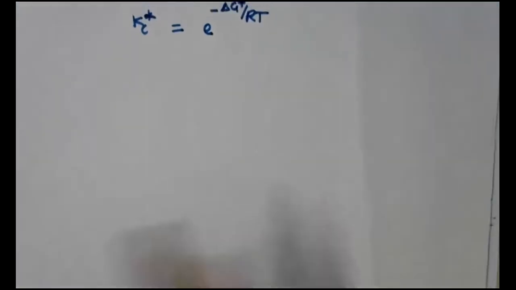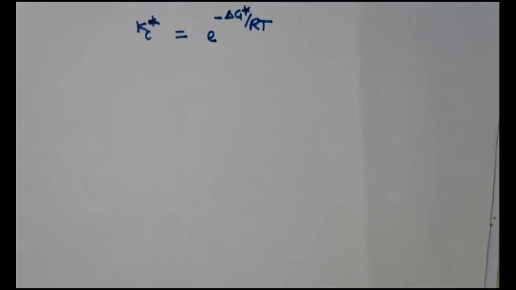Now you will say, how have you obtained this relation? The equation number 9 was minus delta G star is equal to RT ln of Kc star. So this RT you can take to LHS. So minus delta G star upon RT is equal to ln of Kc star.